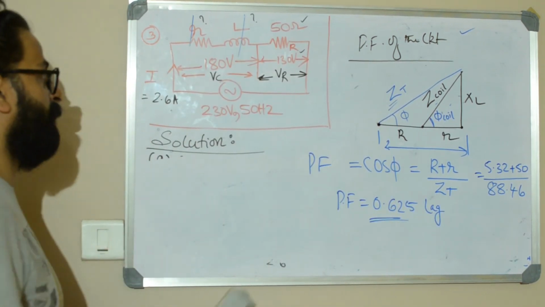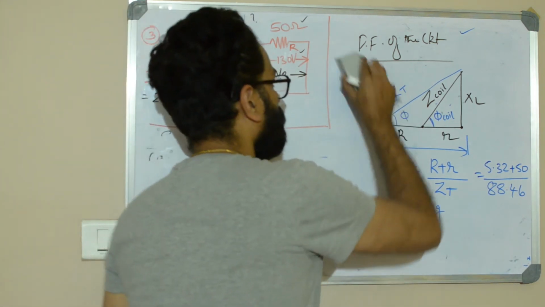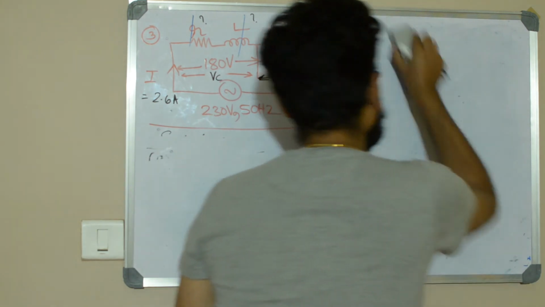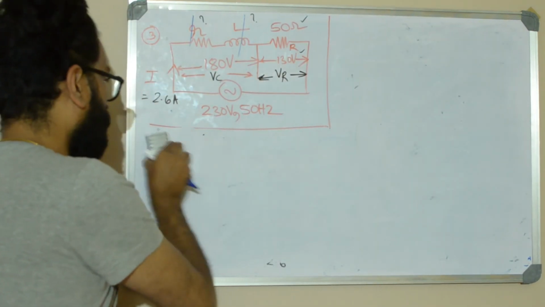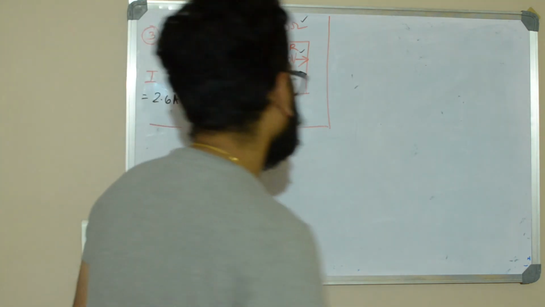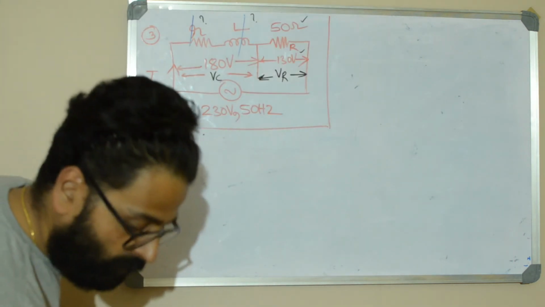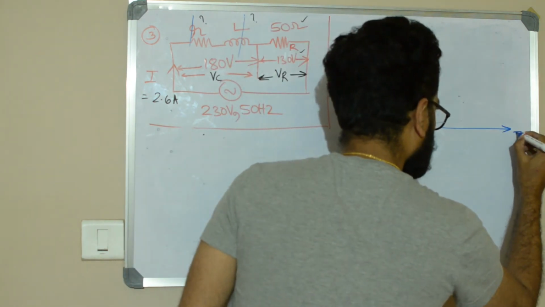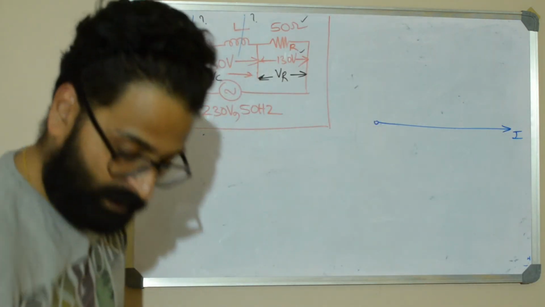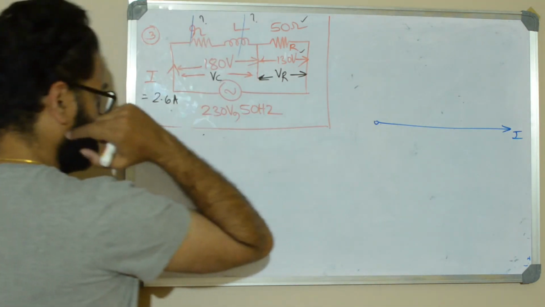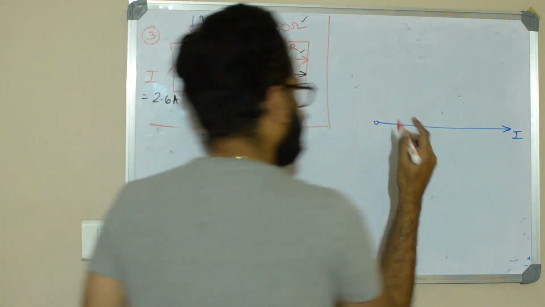Once you are done with the power factor, you can draw the vector diagram. The vector diagram is also pretty easy. Once you understand the impedance triangle, it is very easy to draw the vector diagram. While drawing the vector diagram, you can take current as the reference vector, and with respect to current you can draw the voltage vectors.